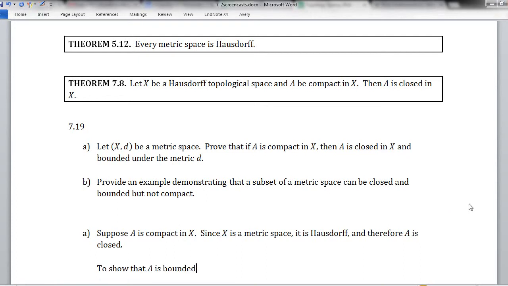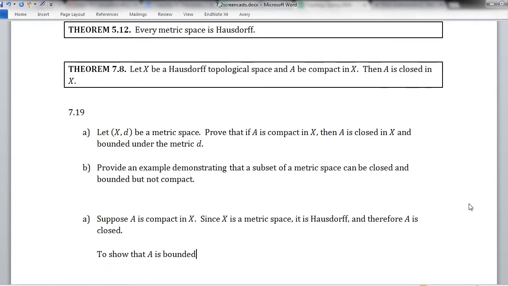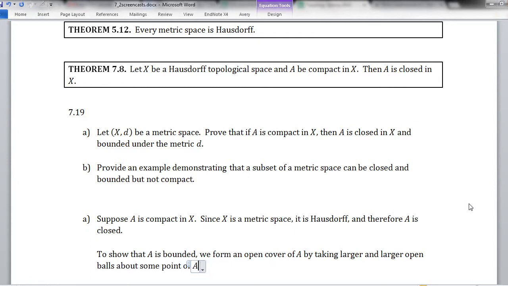But it's pretty much the same proof as you'll see in the textbook for Rn. Okay. To show that A is bounded, we form a clever open cover of A by taking, well, here's the idea, by taking larger and larger open balls about some point of A. Okay.